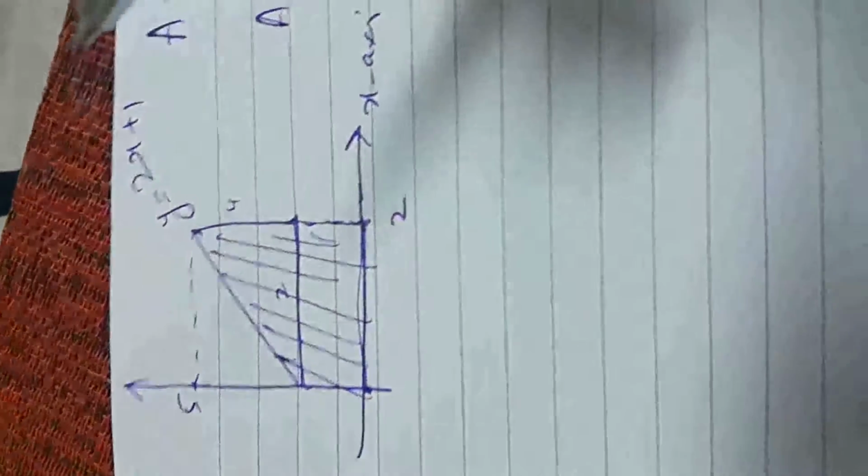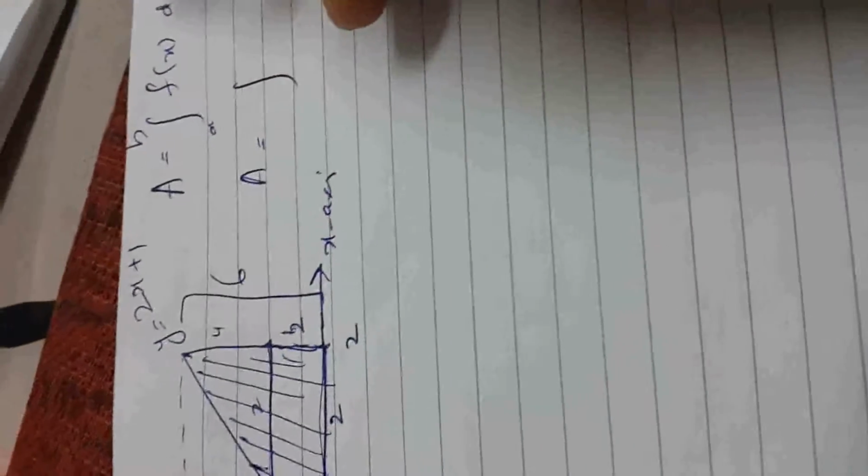Now you need to find the area below the curve, this whole area. This area has increased. If you see, there's an emergence of a rectangle. If this is 2 and this is 1, the area of this rectangle is 2 units. So the whole area should be 6 units now.